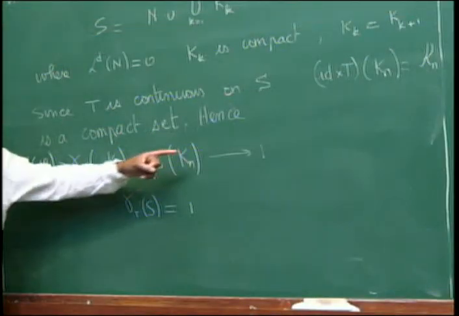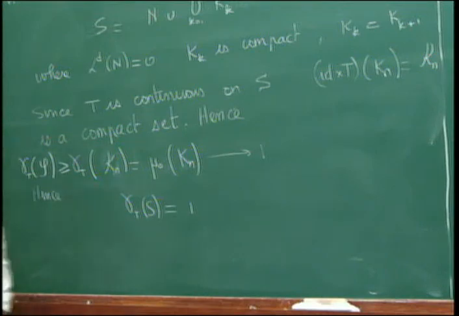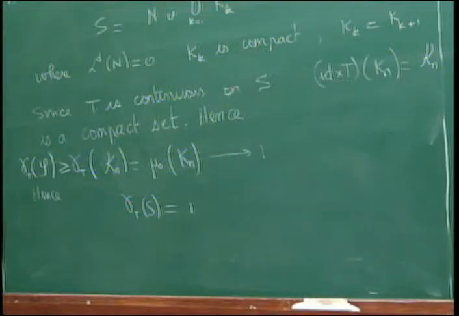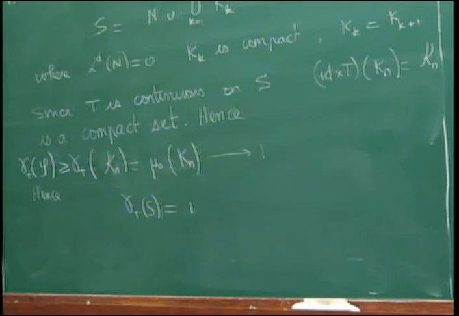So this goes to 1, implies gamma_T of S is greater than or equal to 1. But gamma_T of R^d is a measurable set. If I write gamma_T of R^d, this is mu_0 of R^d. Mu_0 of R^d is 1. Gamma_T is a subset. S is a subset of R^d cross R^d. Therefore, gamma_T of S is 1.